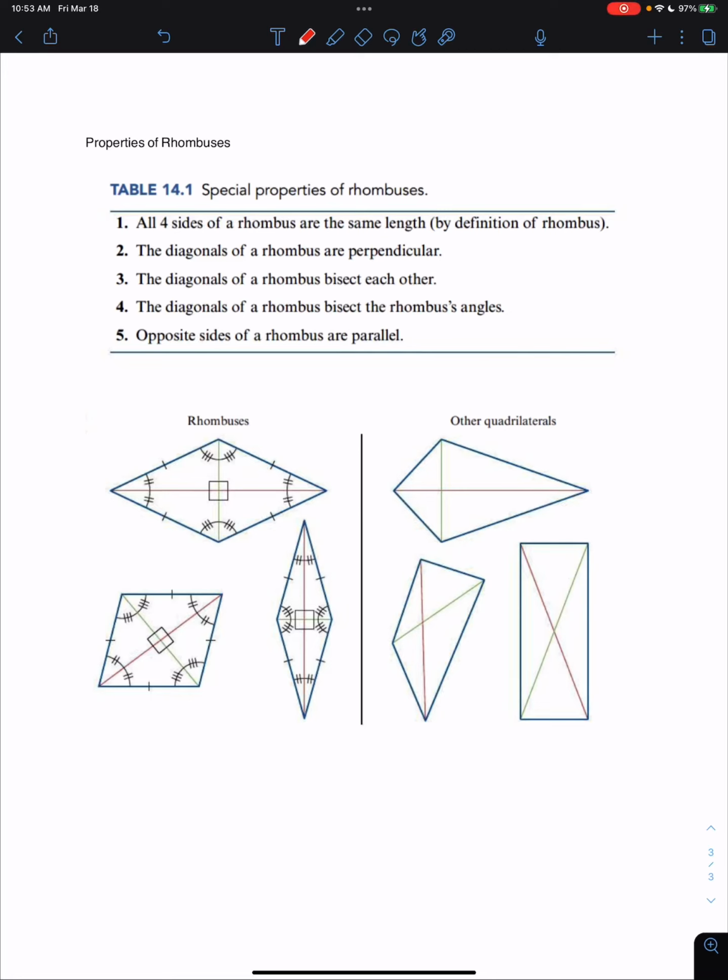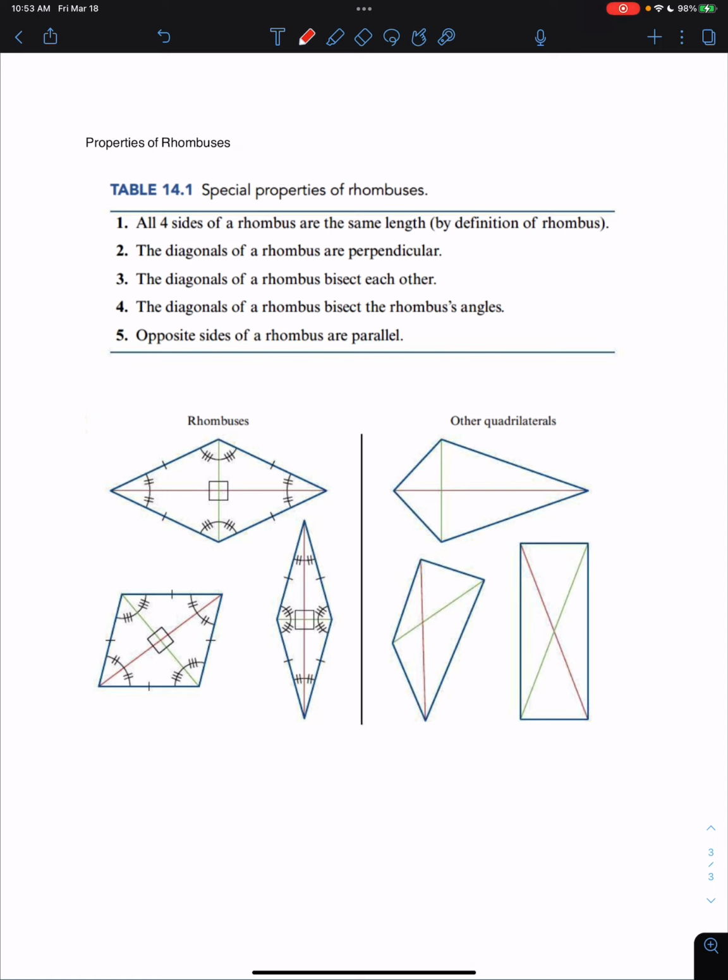The last thing that we have to talk about in this section is the special properties of rhombuses. And these special properties are important when we're making the constructions of perpendicular bisectors and angle bisectors, as we have been doing.